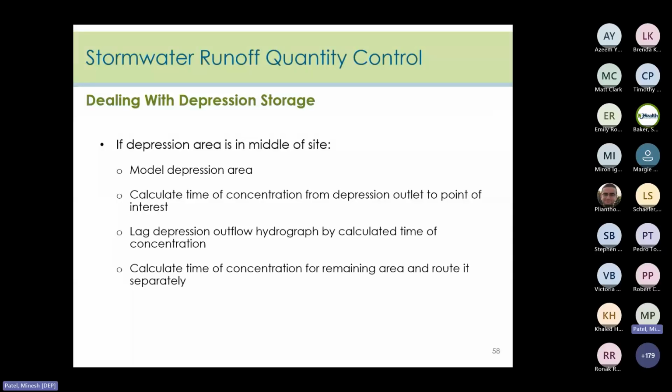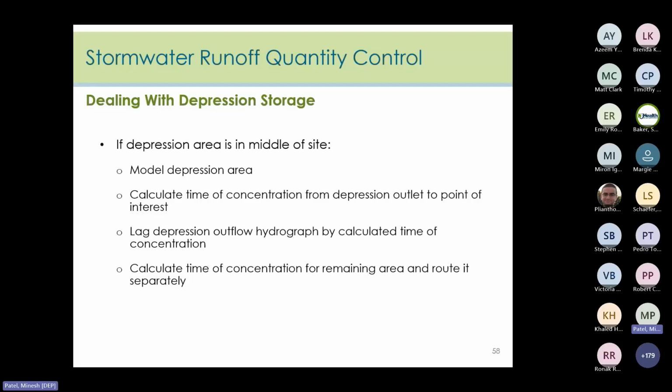Now, what exactly does that mean? That means the depression produces a hydrograph, right? Like any basin does. However, the stormwater still has some distance to travel before actually getting to the point of analysis, and we have to account for that.